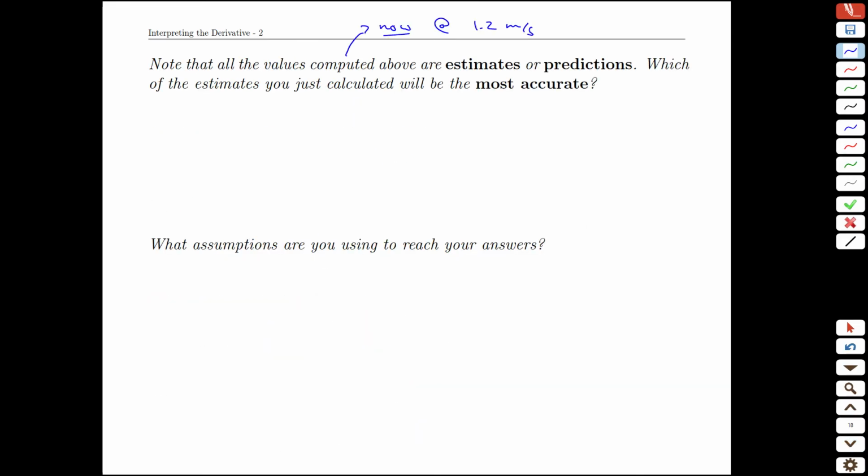So if we had to pick one, we would conclude that the smallest time interval leads to the greatest accuracy, or the most accuracy. All right.